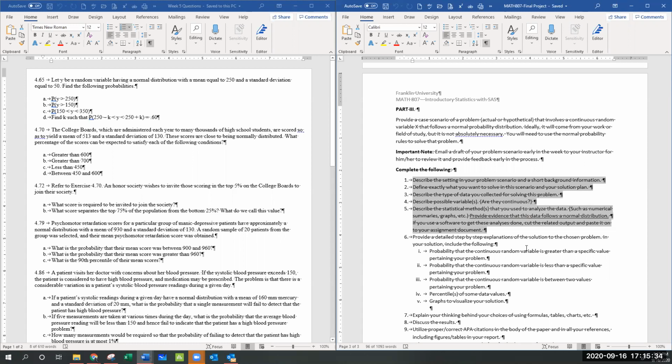It's going to be hundreds of thousands of samples. So your one sample is going to live on this normal curve that is created by the central limit theorem.